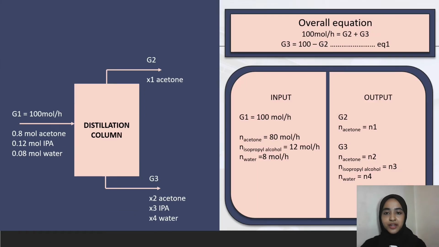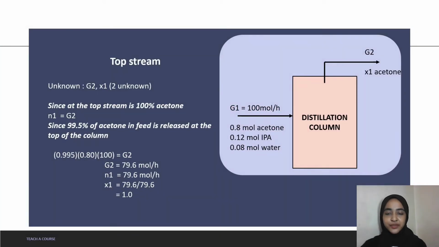So first we need to write the overall equation, and we take G3 equals 100 minus G2 as our first equation. At the top stream, first we can calculate the value for G2 since we know that 99.5% of acetone in the feed is released at the top of the column. Since the top stream is 100% acetone, we can conclude N1 equals G2, and then we can calculate the mole fraction of acetone, which is 1.0.